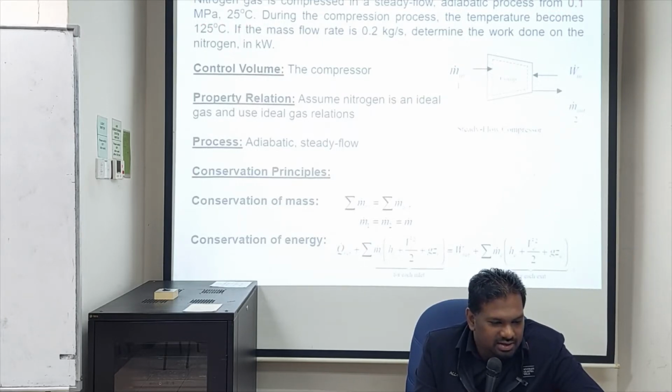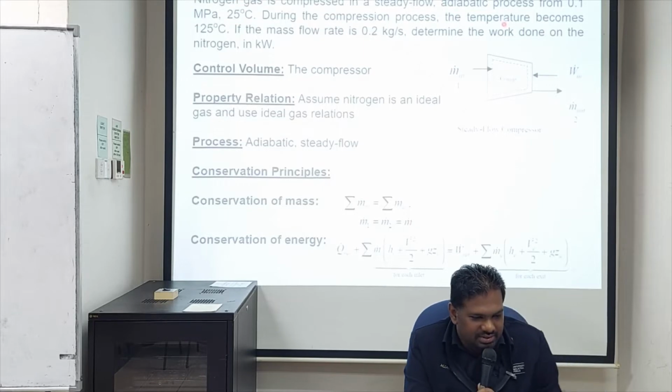So pressure is given and also the temperature is given. So during the compression process, dia dah bagi tahu dah compression process, the temperature becomes 125. So dari 25 degree Celsius jadi 125 degree Celsius. Okay, if the mass flow rate adalah 0.2 kg per second, determine the work done on the nitrogen.